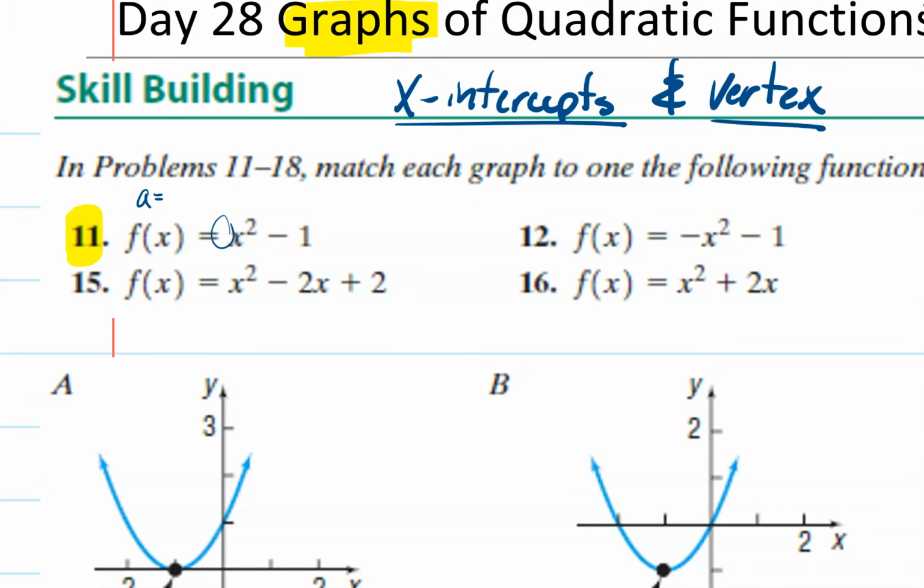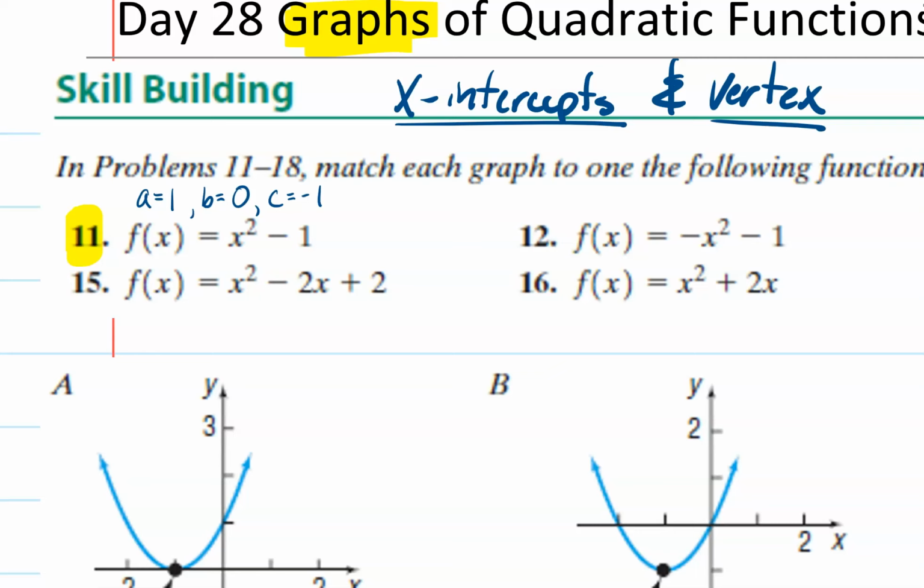In problem 11, we have an A value of 1, we have a B value of 0, and a C value of -1. I say that the B value is 0 because there is no term in the middle that contains the letter x. If there's no term that contains the letter x, then that B coefficient must have been 0. The C value, the number that's all by itself at the end, is -1.